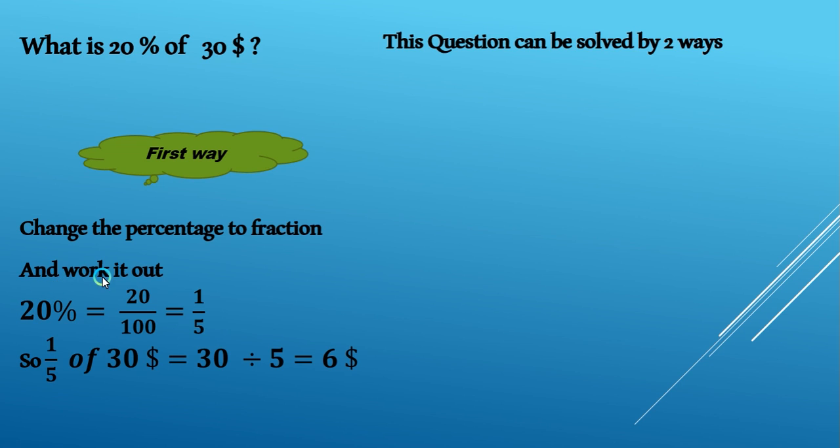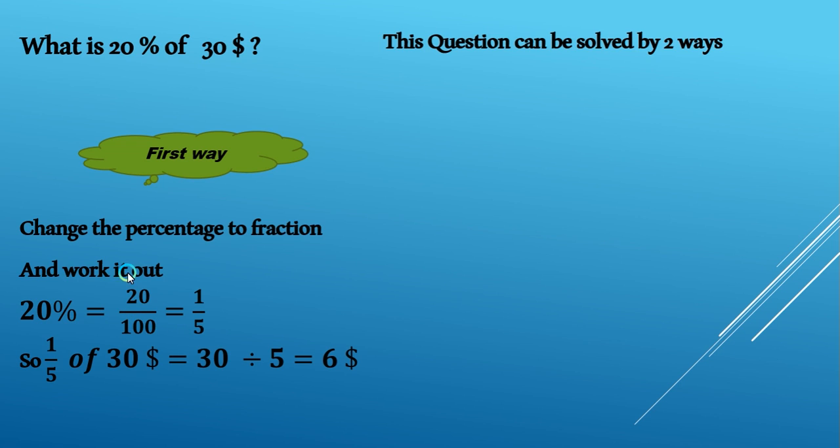First step, I will keep the same number here, 20. After that, I will substitute this sign of percent by 100 down. I repeat, 20%, I will keep the same number, 20, up in the numerator, and I will replace the percent sign by 100 in the denominator.